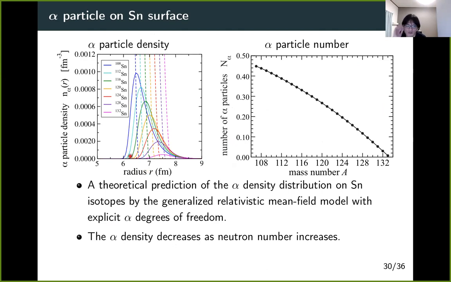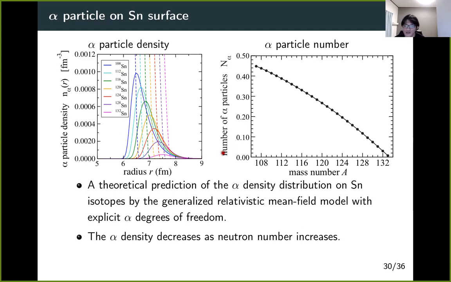Above 6 femtometers, there are tin isotopes from 108 to 132, and he predicted these alpha particle densities. If we go to the neutron-rich tin isotopes, because there's a neutron skin on the surface, alpha particle formation is suppressed and gradually disappears.